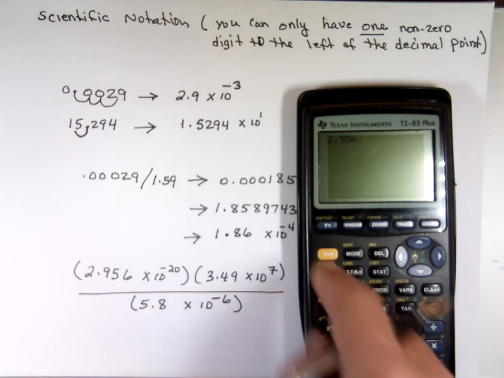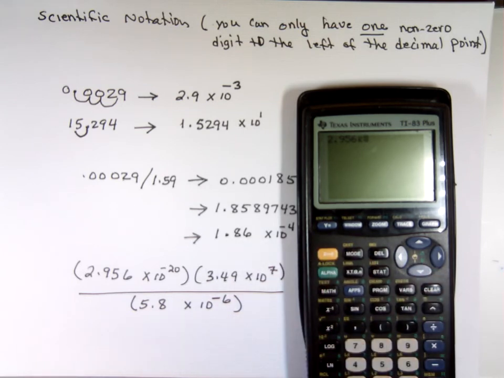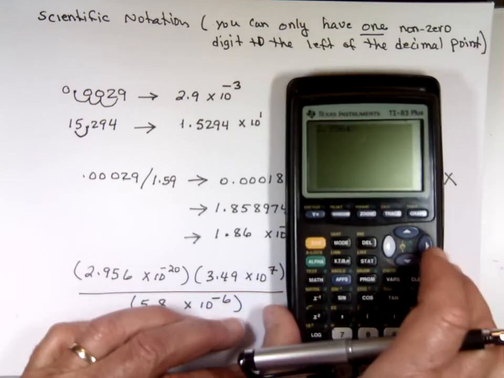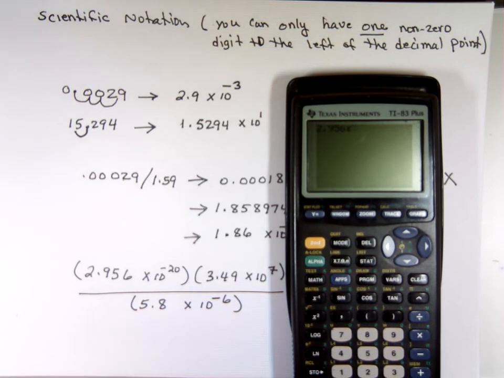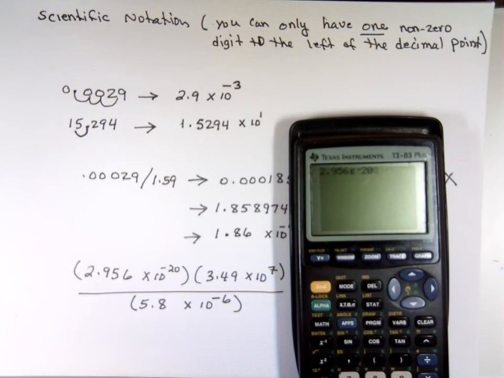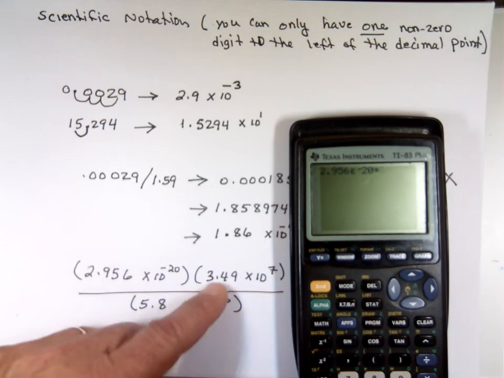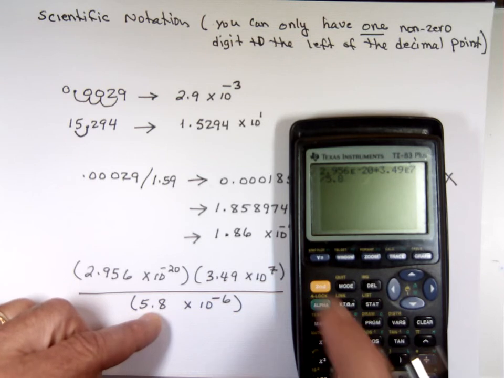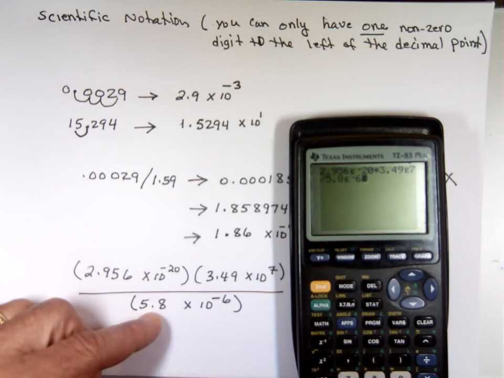So I'm going to hit the second key, -20. There's the negative sign on mine down on the bottom. Times 3.49 EE to 7, divided by 5.8 EE to the -6.